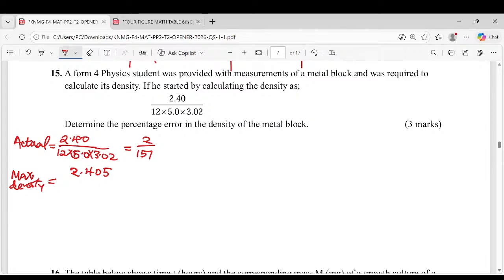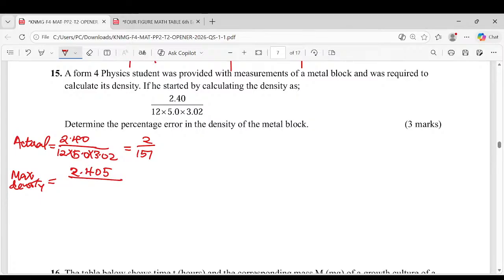I'm just trying to see how we can make this one work. 2.395, yes, all over. If that is maximum, then these ones will become minimum.